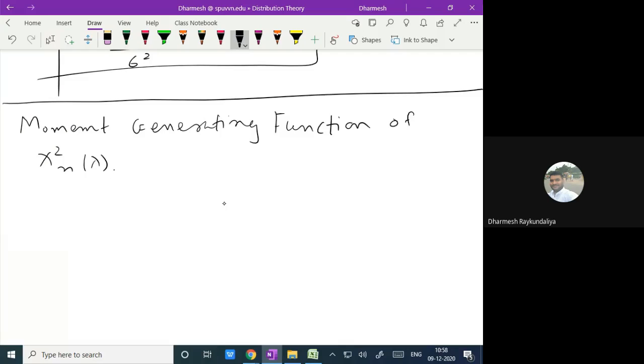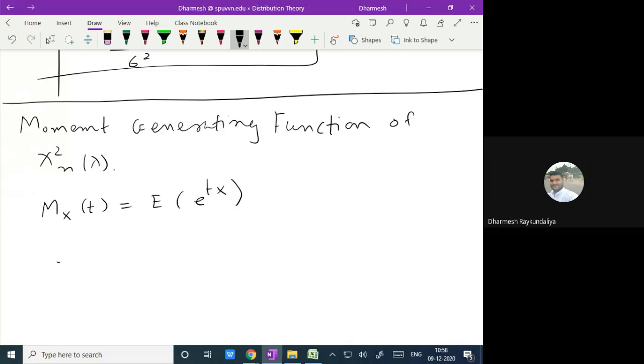So we know that the moment generating function is given by M_X(t), which is nothing but the expectation of e raised to tX. So this is the form of a moment generating function.